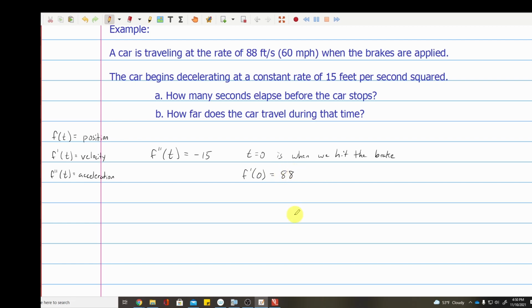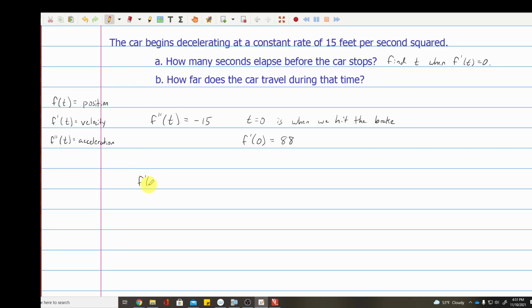If we try to rephrase that first question, how many seconds elapse before the car stops, what we want to do is find t when the velocity, which is f prime, is equal to 0. So let's start there. If I want to find f prime of t, we're going to take the antiderivative of f double prime of t. So I write down my indefinite integral of negative 15, and I'm using dt now instead of dx because my variable is t, not x.